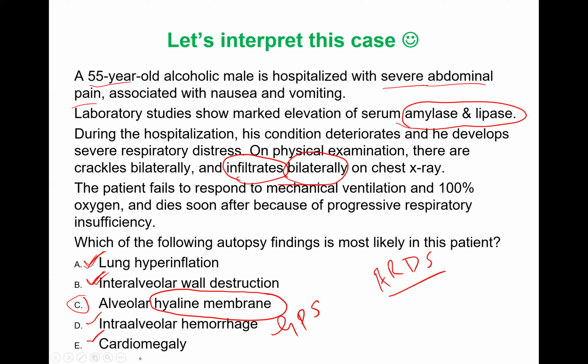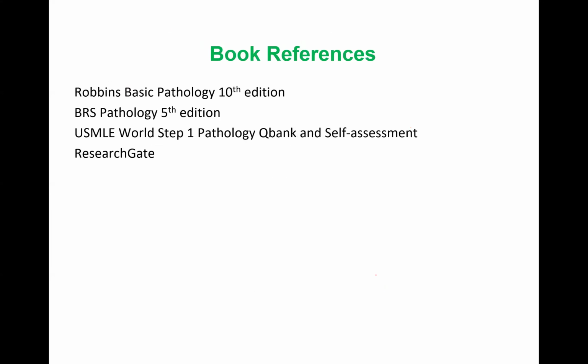But this patient is not responding to even 100% oxygen supplementation because the alveoli are damaged. And so this option is also excluded. So ultimately, alveolar hyaline membrane is the hallmark of ARDS in this patient's autopsy finding, right?